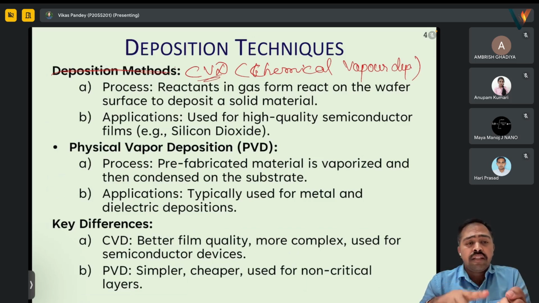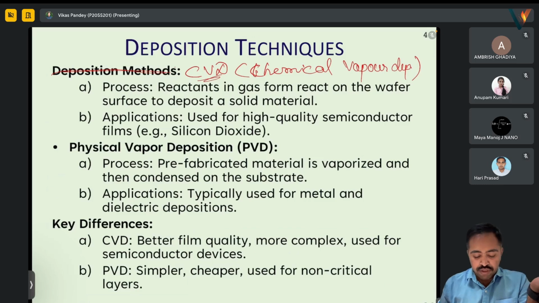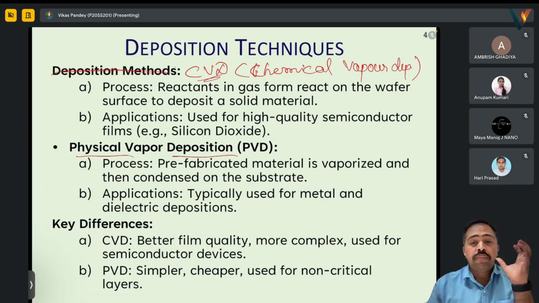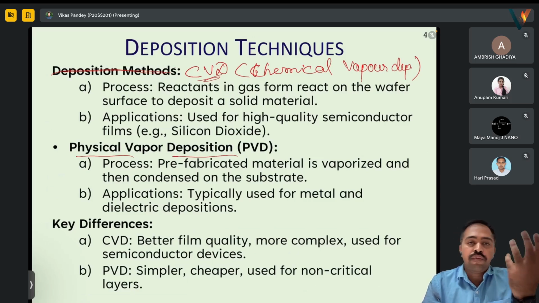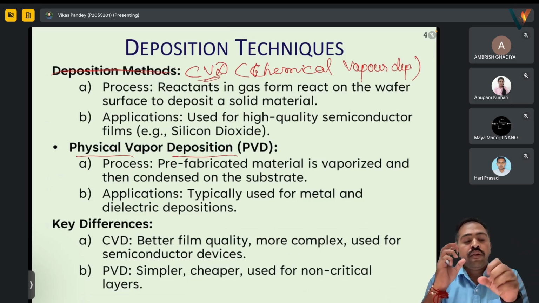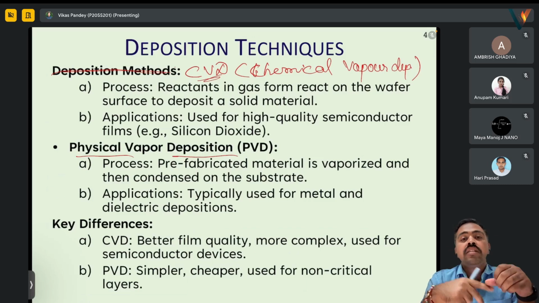Then there is another process that we will cover in the next week. That is physical vapor deposition, in which the material that we want to be deposited is actually available to us. Like if you want to deposit silicon dioxide, we have silicon dioxide and we will just change the state of it.